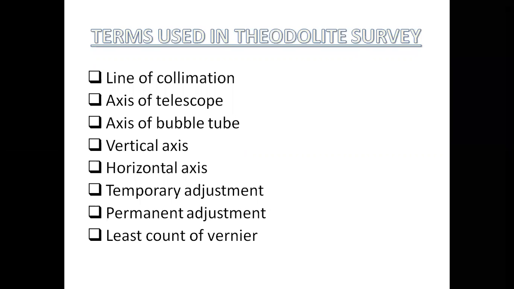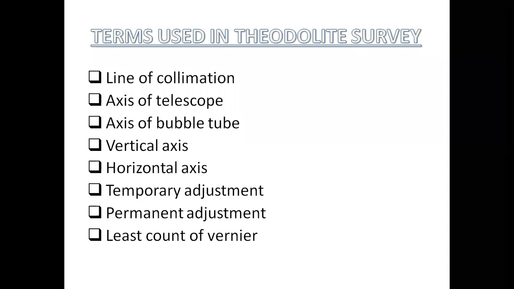There are some adjustments which are temporary that we need to do before starting any survey. We will discuss which are those temporary adjustments. Then, after using the instrument many times for many days, the instrument may become erroneous.